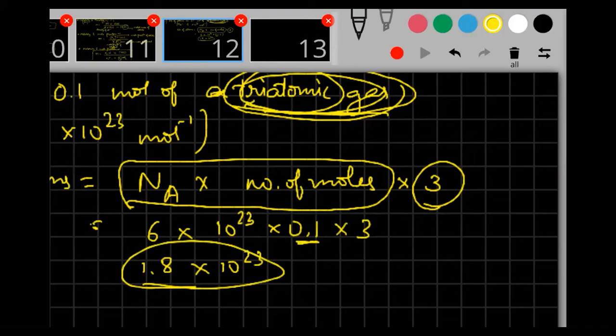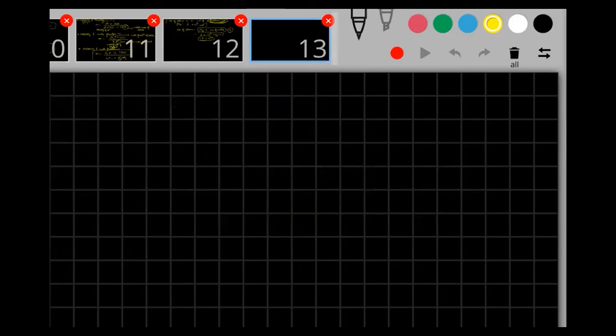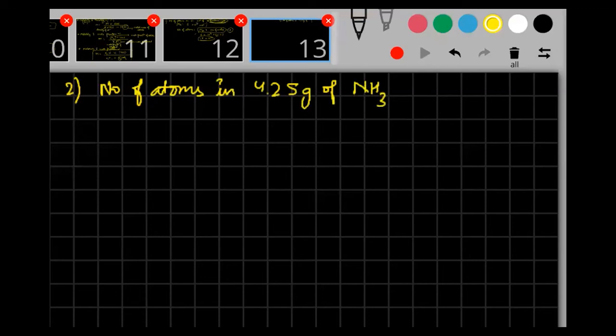Yeah, so the next one. Next question for you. The number of atoms in 4.25 grams of ammonia. Calculate the number of atoms in 4.25 grams of ammonia. Atomic weight of nitrogen will be 14 grams per mole.